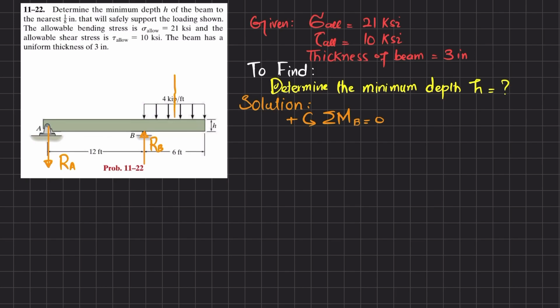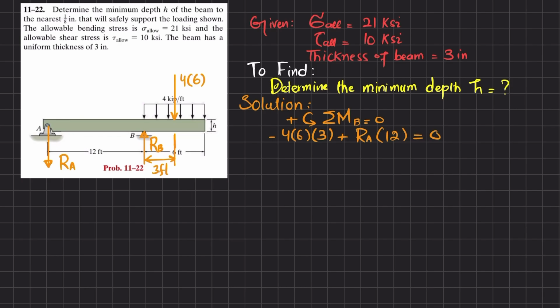So I will first convert this distributed load into a point load. 4 into 6, and that will be acting at half, so this will be 3 feet. Clear? So I will write negative 4 into 6 multiplied by 3, since it is producing clockwise, plus RA into perpendicular distance 12, producing counterclockwise.